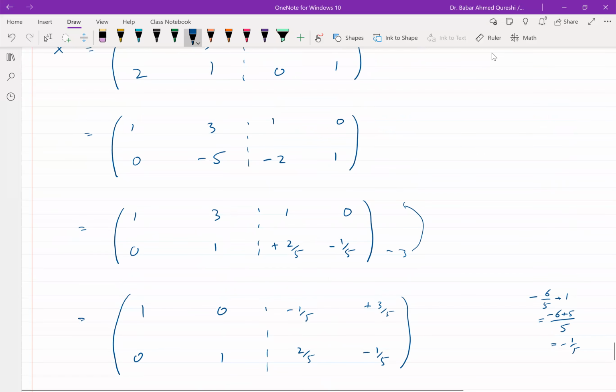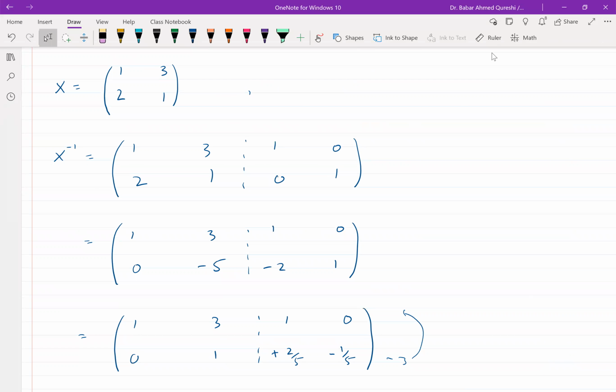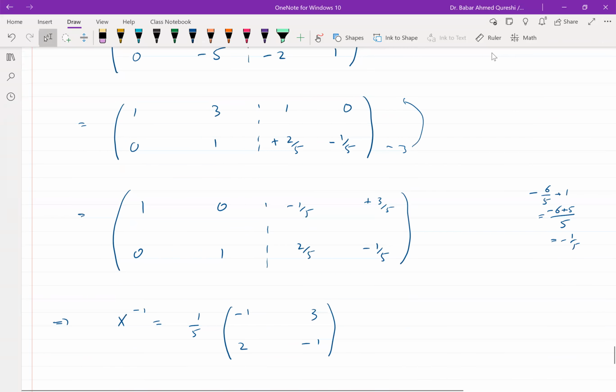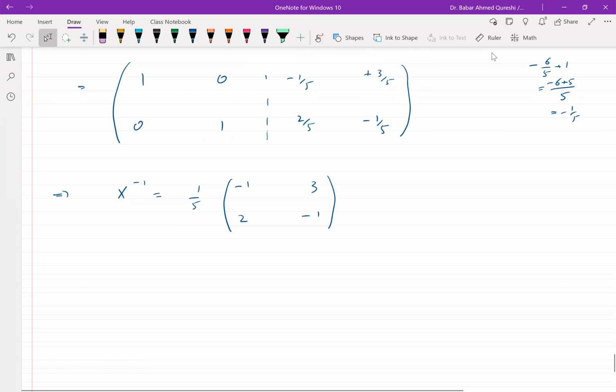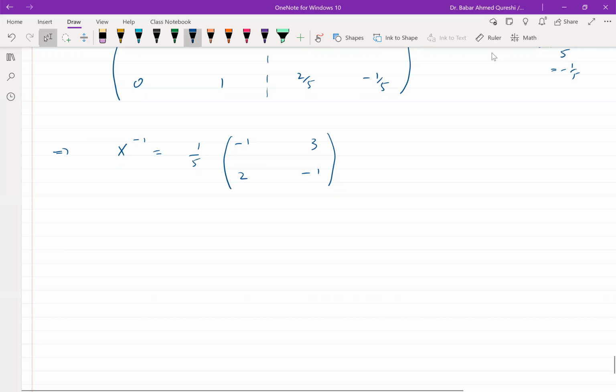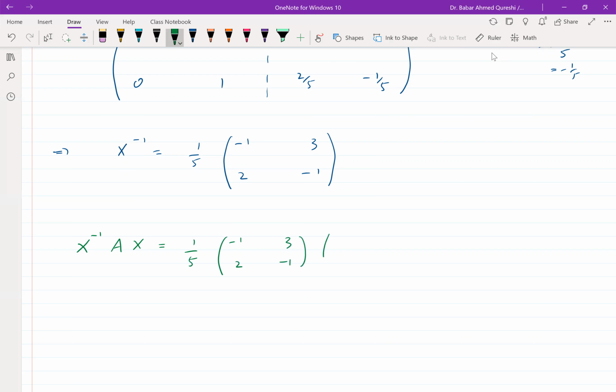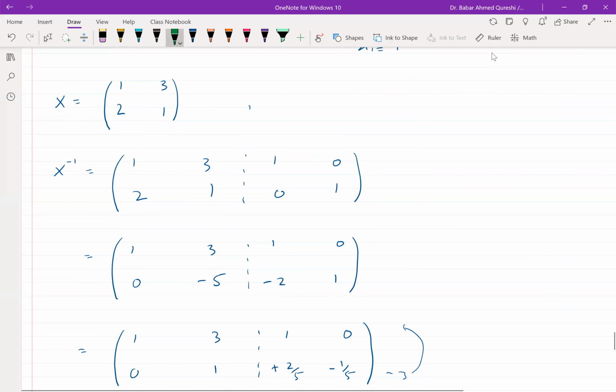Three, 1, 1, 2. Okay, so that's the x inverse. Now our expectation is that when I do this, and what is A?